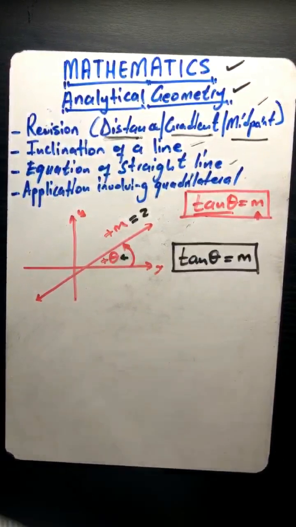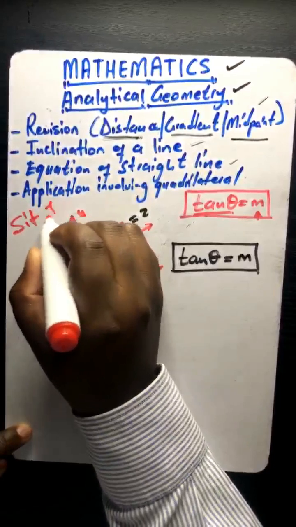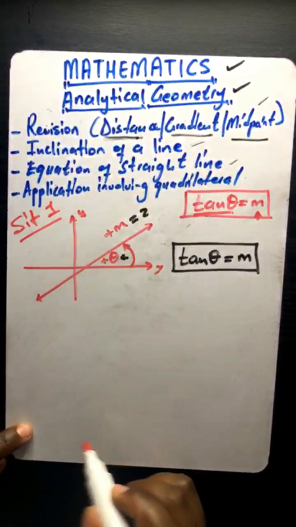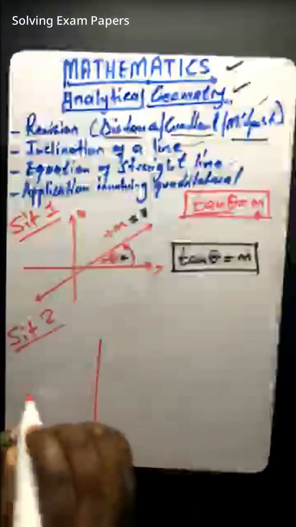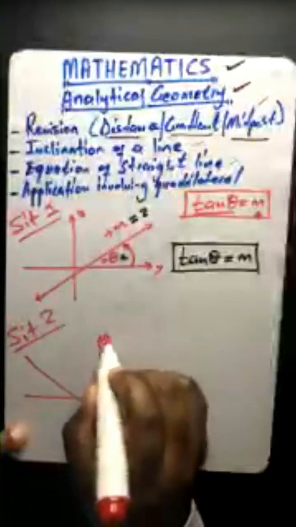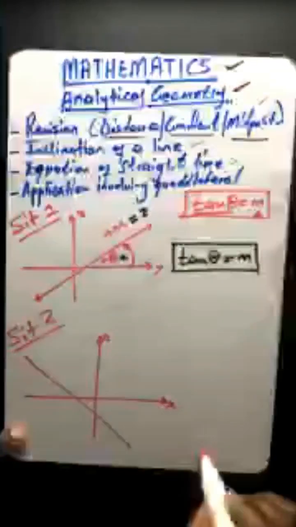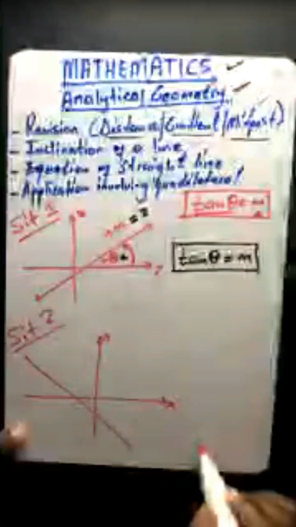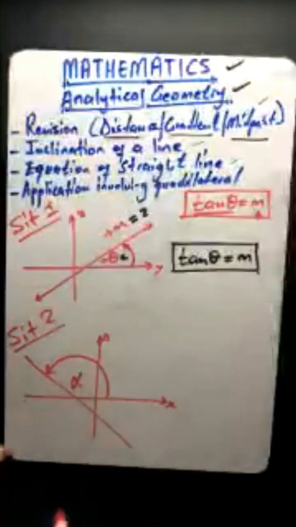So now let's have a look at situation number 2. Let's say that was situation number 1. Now in situation number 2 you have a line with a negative gradient on a Cartesian plane with the x and y coordinates. Remember, the angle of inclination is the angle formed with the horizontal in an anti-clockwise direction, meaning this is the angle.